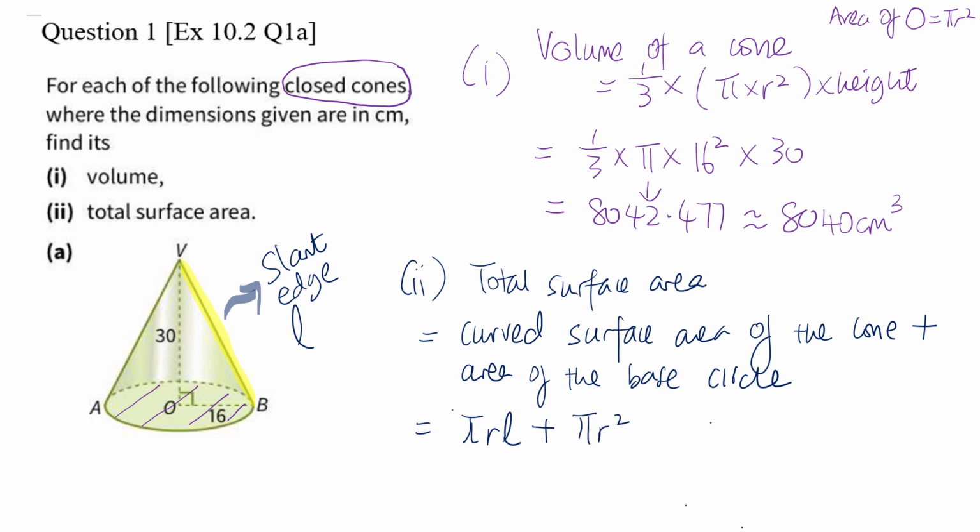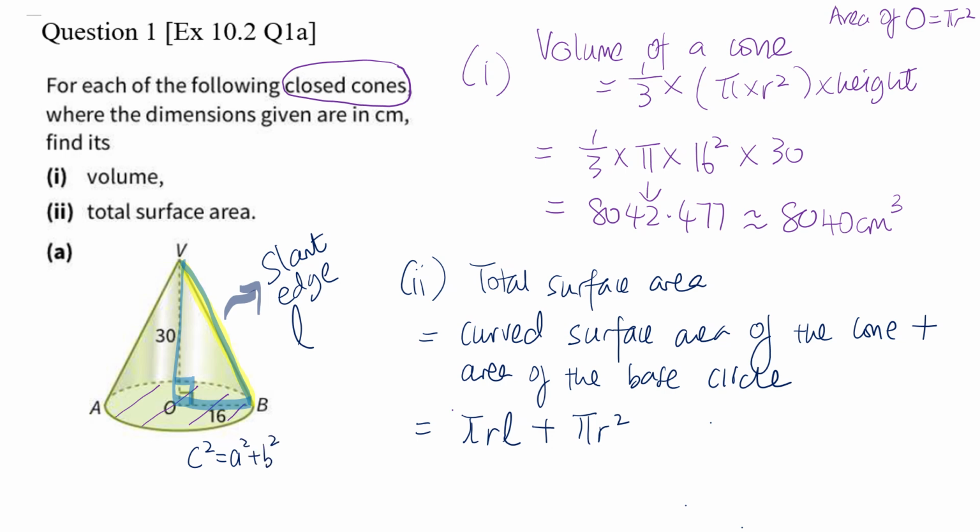So what we need to do is to find the L. To find the L, we will have to use Pythagoras theorem. If you look at this triangle here, it's 90 degrees here. So if you were to use Pythagoras theorem, c squared is equal to a squared plus b squared.